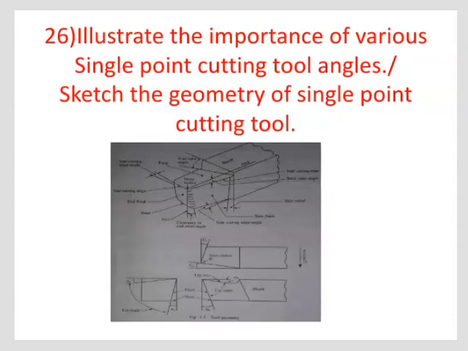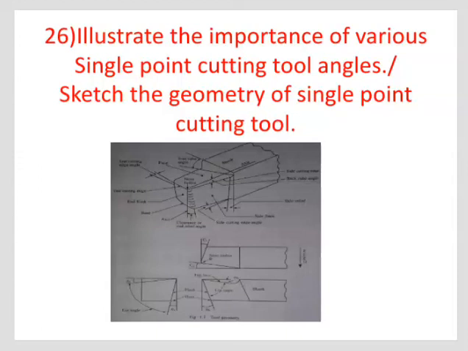It is the angle between the portion of the end flank immediately below the end cutting edge and line perpendicular to the base of the tool, and it is measured at right angle to the end flank. Back rake angle. It is an angle between the face of the tool and line parallel to the base of the tool. And last one, side rake angle. It is the angle between the tool face and line parallel to the base of the tool.